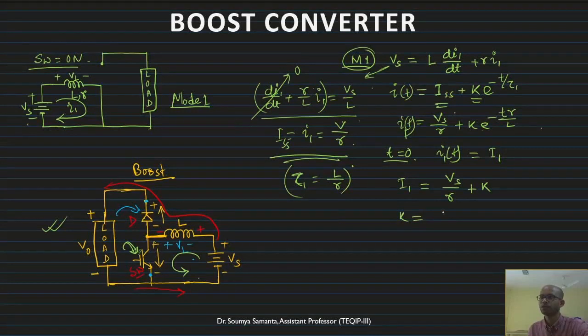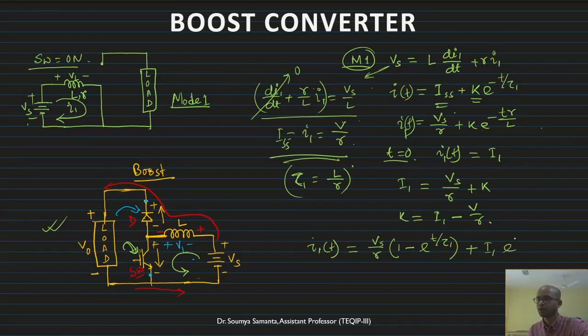K equals to, basically we are getting I1 minus of V by R. So finally what we are going to get is I1(t), which is equals to Vs by R into 1 minus e to the power minus t by tau 1, I am writing t for the time to save the space, plus I1 e to the power minus t by tau 1.